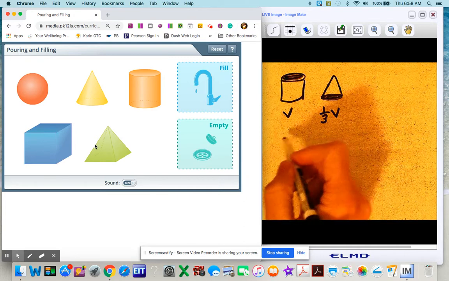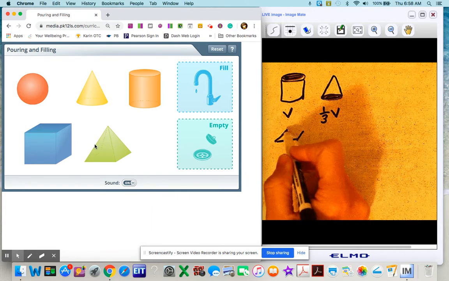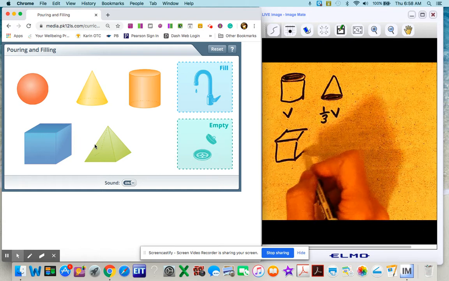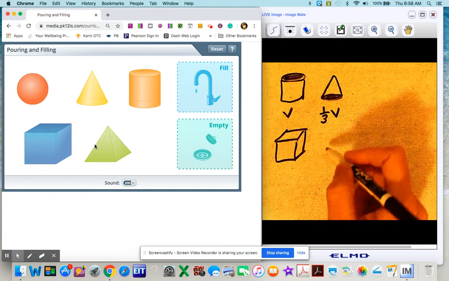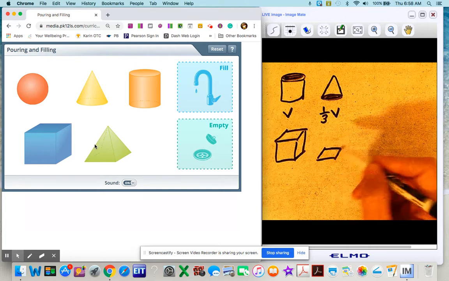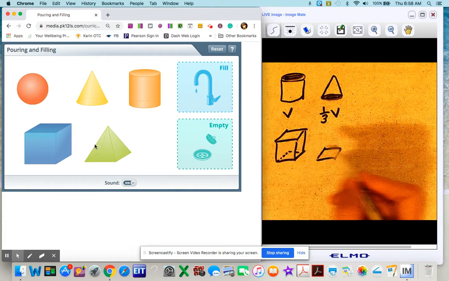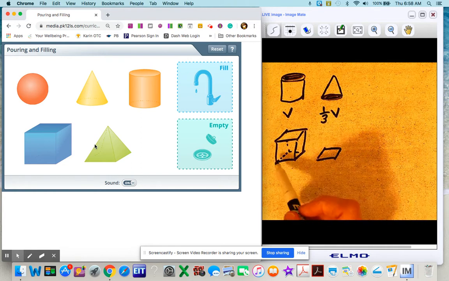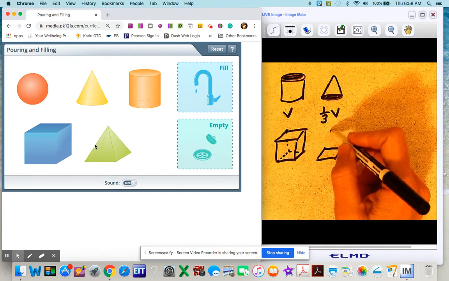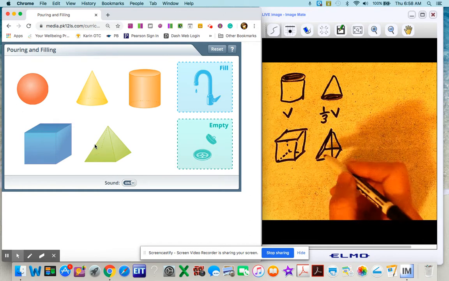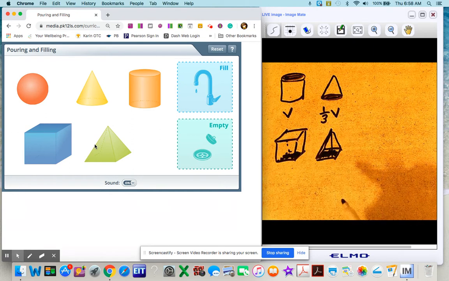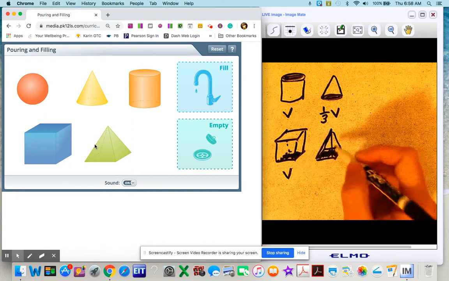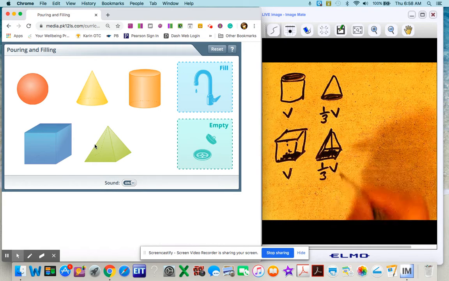So similarly to the cylinder and the cone, if I have a pyramid with the same base as my prism and the same height, so the heights must also be the same, so these base areas must be the same and their heights must be the same, then the volume of the pyramid is 1/3 of the prism.